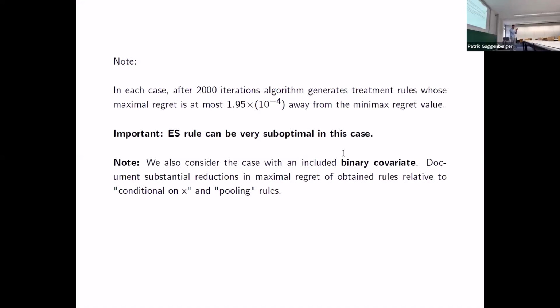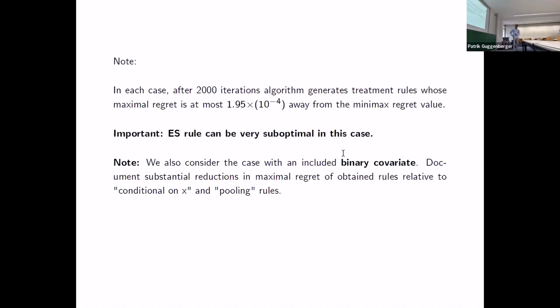Because if you think that the outcomes are very, very close to each other, then the data from female is very informative also for males. So you would do what is called pooling. Okay, you would just pool all the data together. On the other hand, if you think that they could be substantially different, mean outcomes for women and mean outcomes for men, then you should do what is called conditional on X, that when you make a decision on men, you completely ignore the data from women.